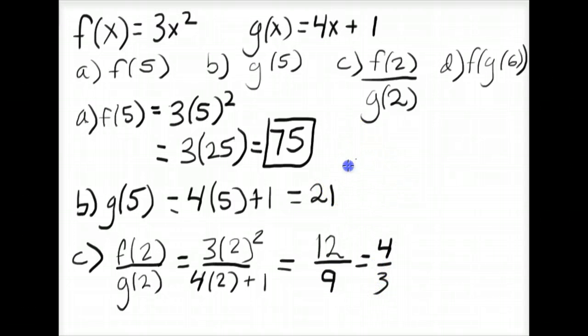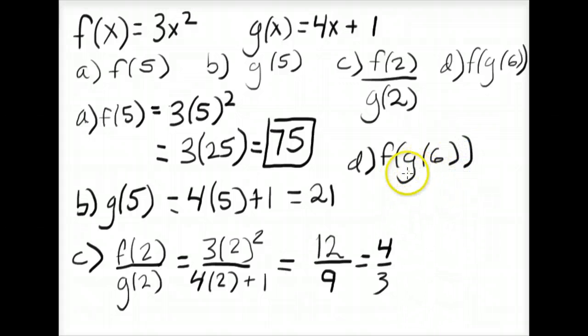Part D is what we call a composite function. So we have f of g of 6. For these composite functions, we need to work from the outside in. So we're going to first find g of 6, and then whatever that value is, we're going to substitute that in for f. So g of 6 is 4 times 6 plus 1.